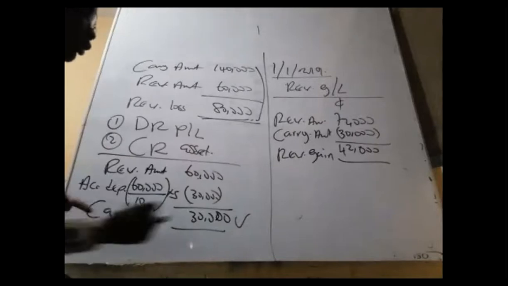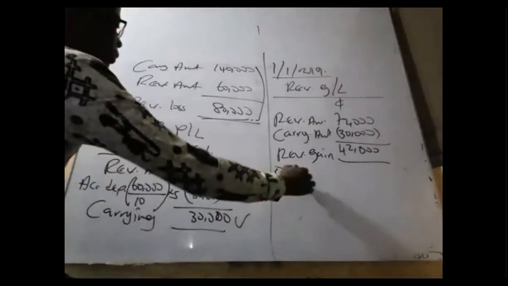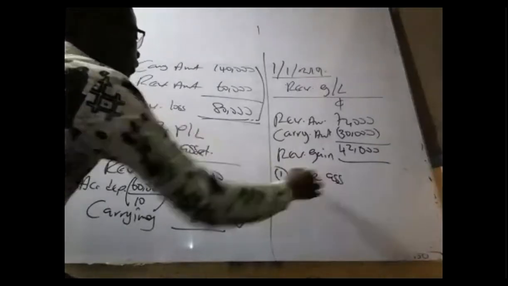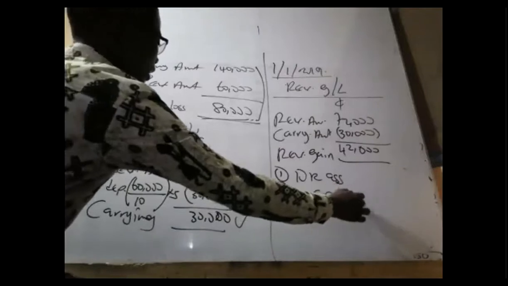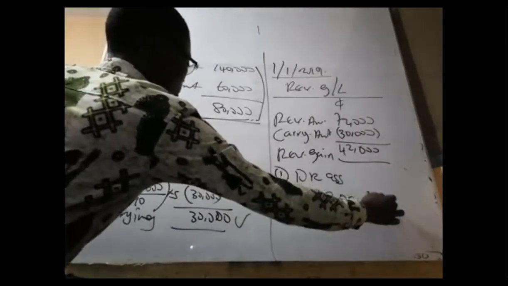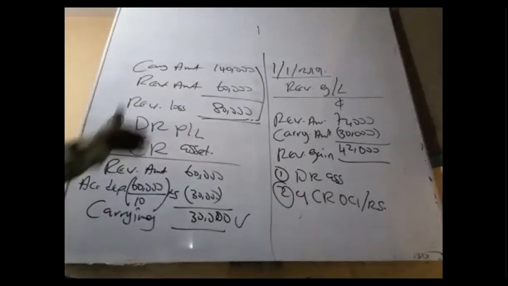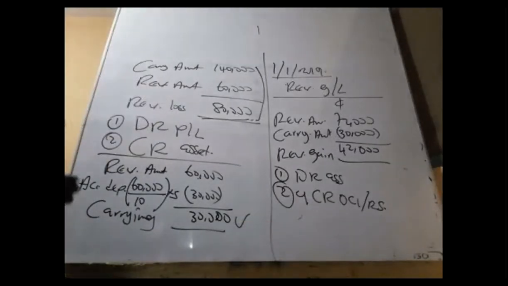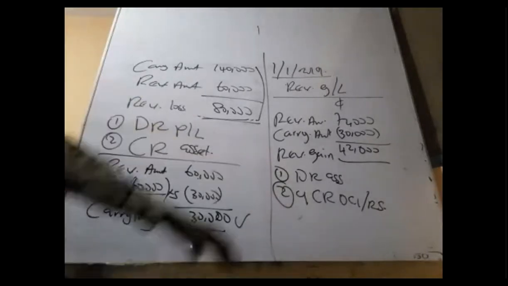The treatment is so simple. Number one, just debit your assets. Number two, just credit what? Your OCI or revaluation surplus, except for there was a previous loss. Here too, there was a previous loss that we have to reverse. Until the entire loss is reversed, there's no gain.